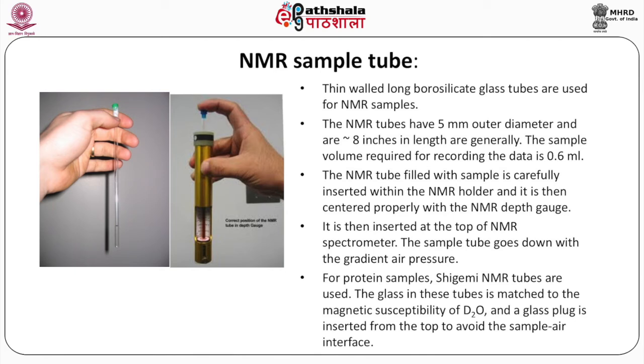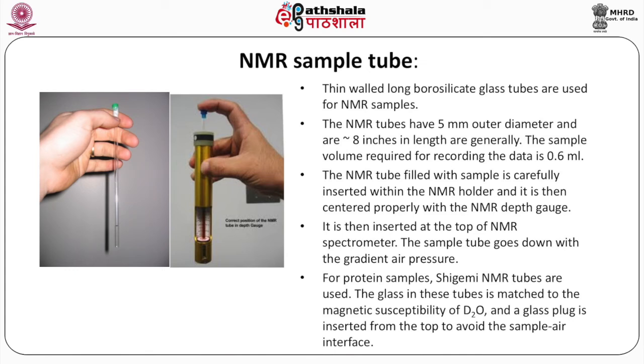The sample tube goes down with gradient air pressure. First we have to lift the sample, the air should be coming out of the spectrometer, then we put the NMR tube into the spinner, and that we put inside the magnet from the top of the magnet with air pressure, and then this pressure is gradually lowered so that the sample goes inside and sits in the NMR probe.